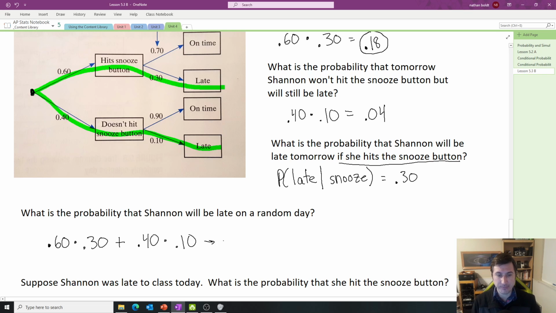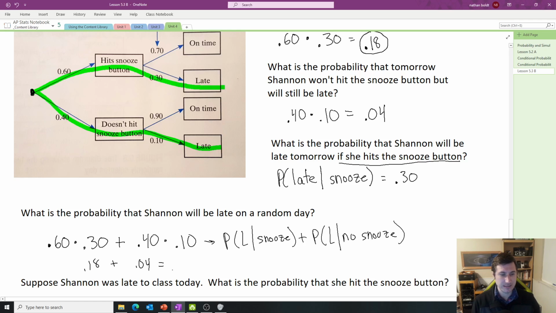If I want to write out the probabilities, that is the probability of being late given the first one is hitting the snooze, plus the probability of being late given no snooze. Add those two together. That one was 0.18 plus, we did that one as well, 0.04.